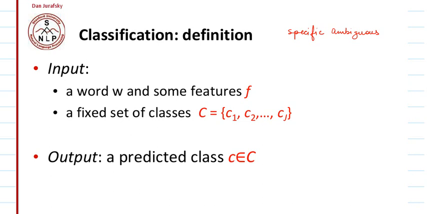This ambiguous word actually is a homonym, but the bass we have taken into consideration is a polysemous word. So we have taken a specific word bass, or we can take another classifier.